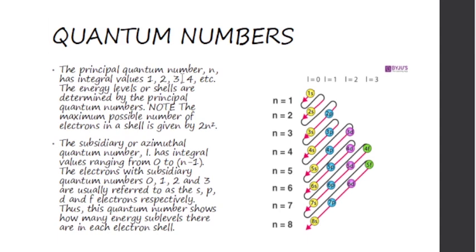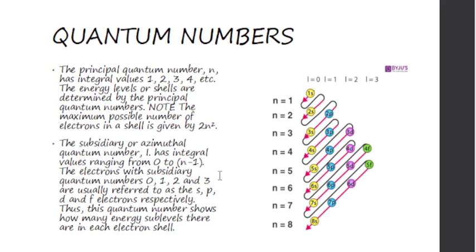The principal quantum number is basically integer values used to denote energy levels or shells in a particular atom. So you have energy level 1, 2, 3, 4, which are the principal quantum numbers. And the maximum number of electrons in a shell is given by the formula 2n squared, where n is the principal quantum number.